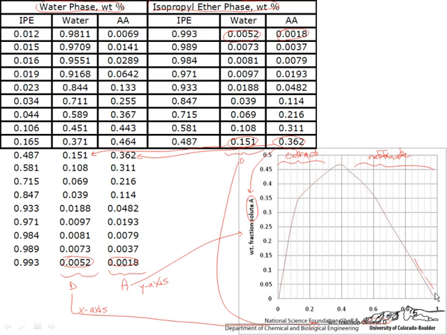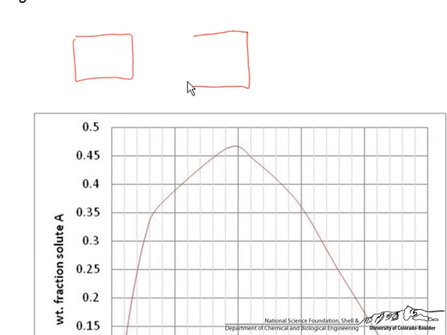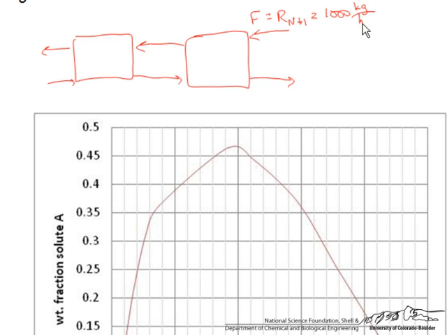Why don't we get to the meat of the problem? I'm going to draw a diagram for what's happening here. This is going to be for a multi-stage process. So we're going to have the feed going in one end, and we're going to have the solvent, extract, going in the other end. So the feed is going to come in here, and the feed is F, that equals Rn plus 1, and that equals 1,000 kilograms per hour.